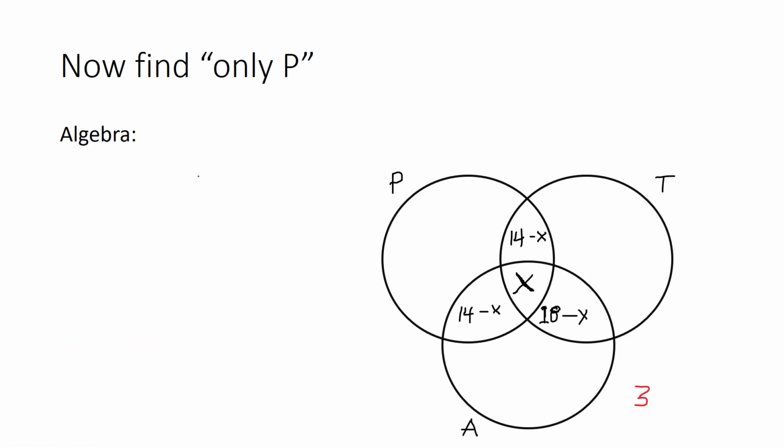Now, to demonstrate, I've got the 24 here. Really, this would be 24, but we've already counted this, so we'd have to subtract our 14 minus x. It's already counting this, so we'd have to subtract our x, and it's already counting this.